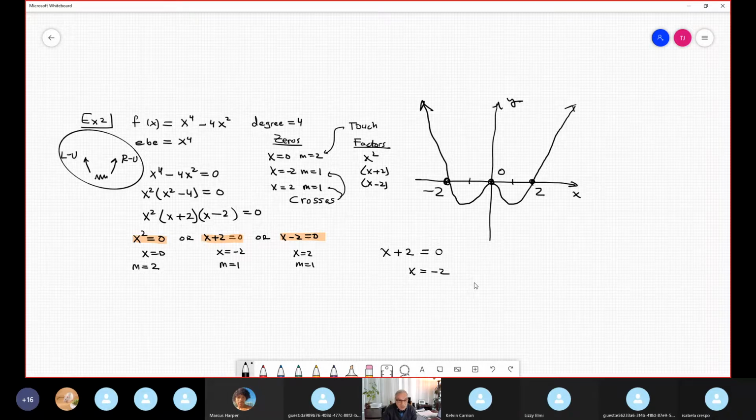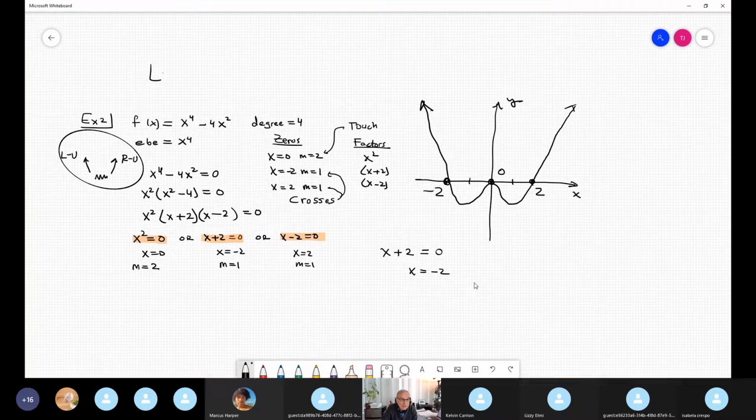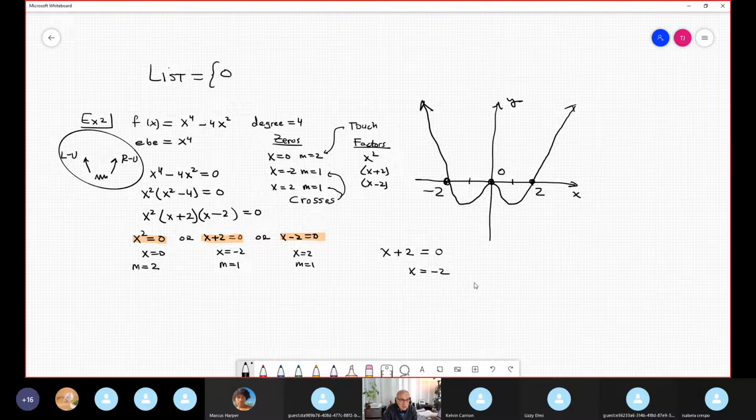So how many zeros in total do we have in this polynomial? Well, actually we have 4. So you list these zeros: 0, 0, negative 2, positive 2. A 0 has multiplicity 2. However, the rest, no. Multiplicity 1. Multiplicity indicates repetition.